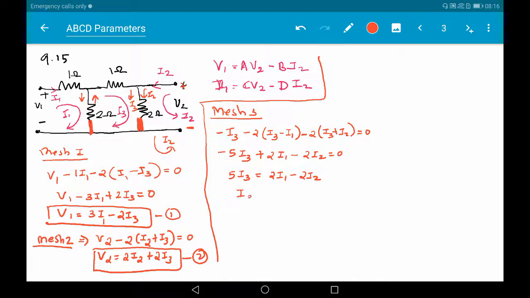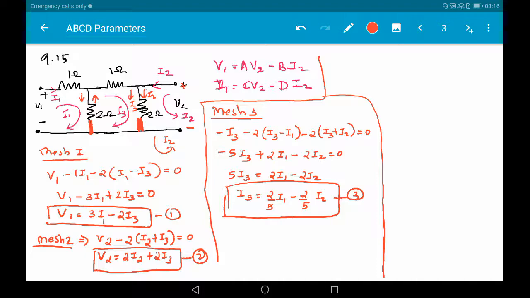Or simply I3 is equal to 2 by 5 I1 minus 2 by 5 I2. This is equation 3. Now we have I3 in terms of I1 and I2.